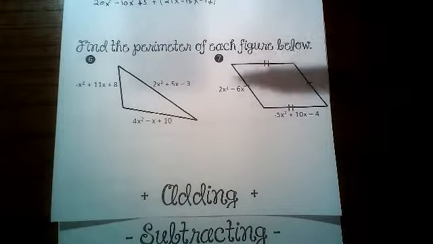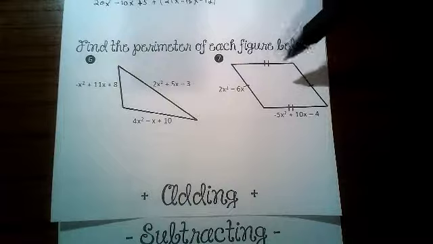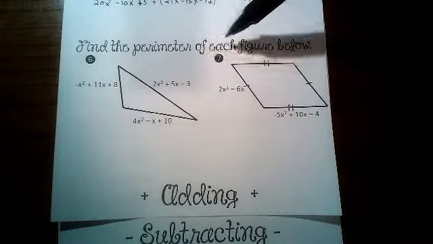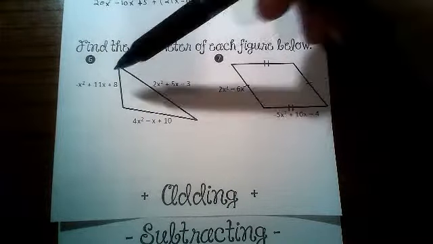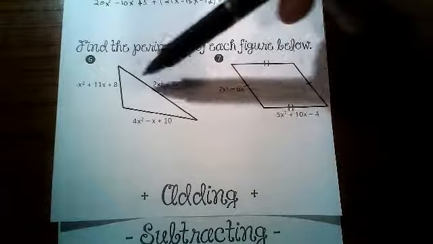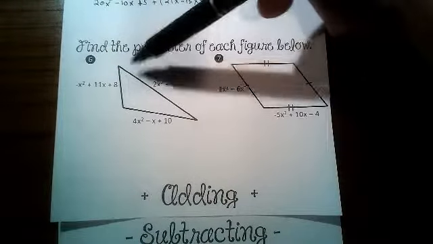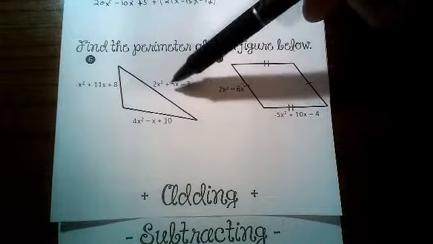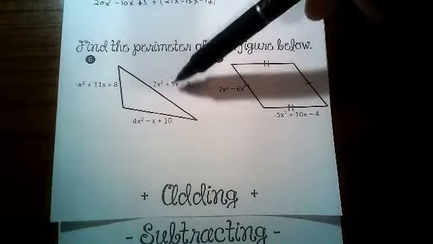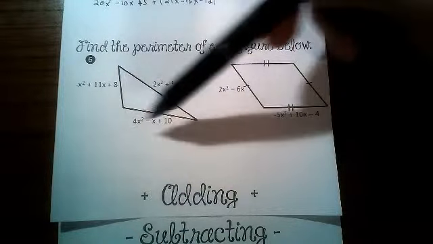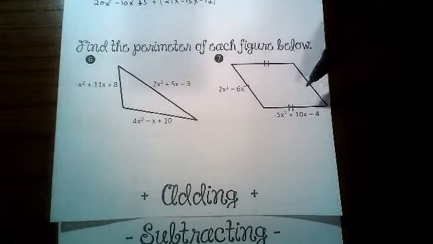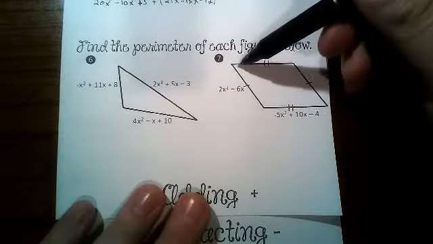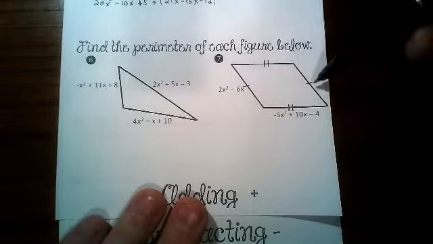I want you to try number 6 and number 7 on your own as well. It's asking you to find the perimeter of each figure. So the perimeter, remember, is when we count up the length of each side. And the lengths of these sides are expressions. They're polynomials. So we're going to add all 3 of them together. And I just want to point out on this one, you see how this line has a dash here and this one has a dash here?